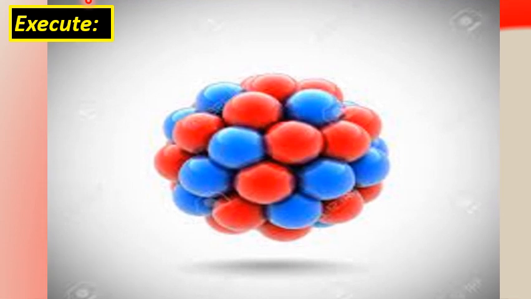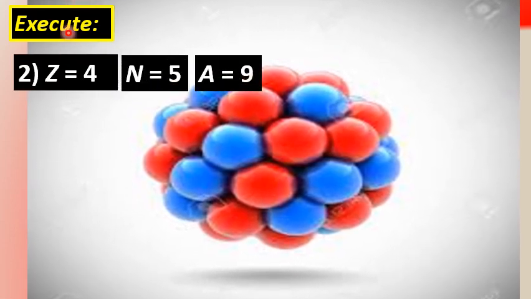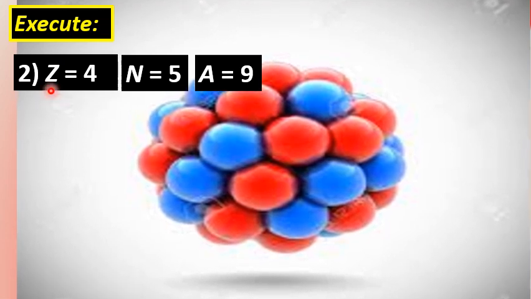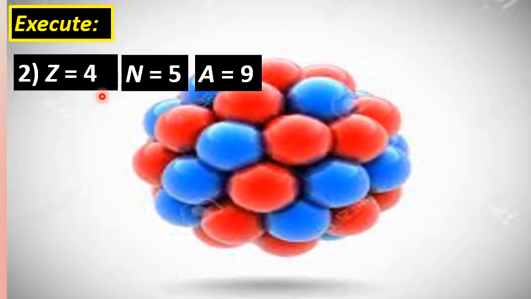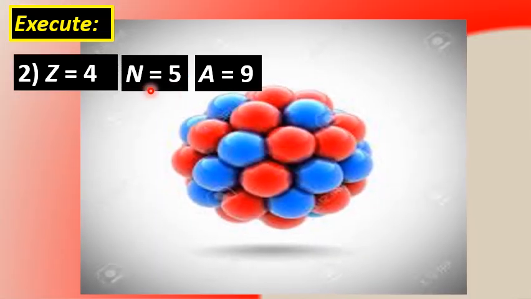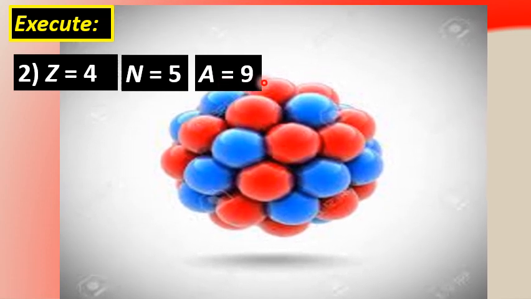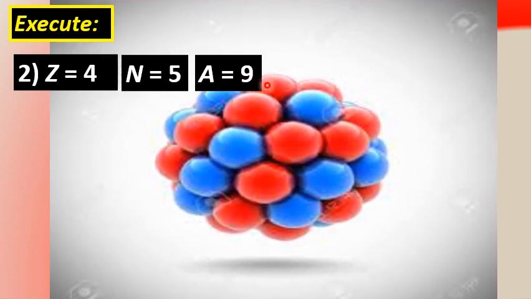For question number 2, we are given the number of protons, capital C, of an isotope of beryllium, and also the number of neutrons, capital N, which is 5. So that makes the mass number of this isotope of beryllium equal to 9.